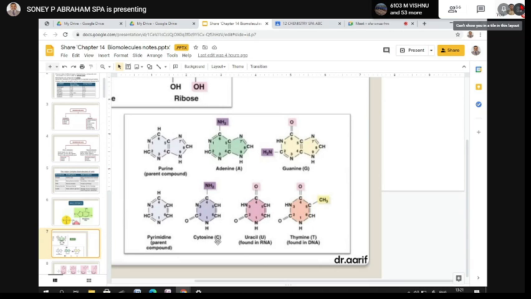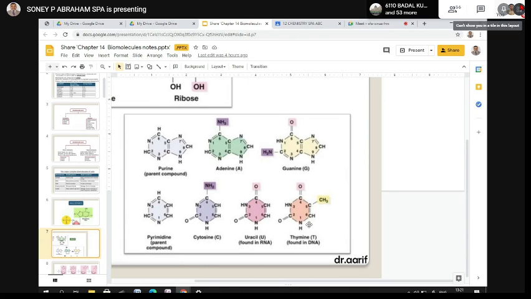And in case of RNA, the first 3 remain the same, and instead of thymine you will have uracil. So that is the second difference between DNA and RNA. The nitrogen bases in DNA are adenine, guanine, cytosine, and thymine, whereas in RNA they are adenine, guanine, cytosine, and uracil. Are you getting the difference?